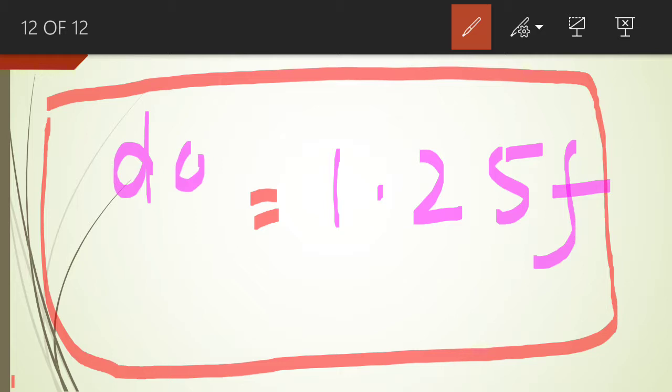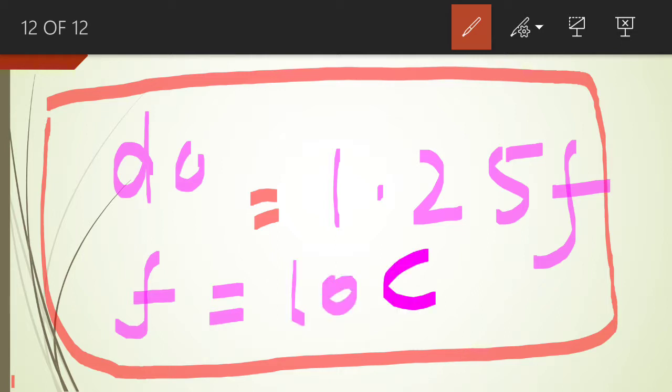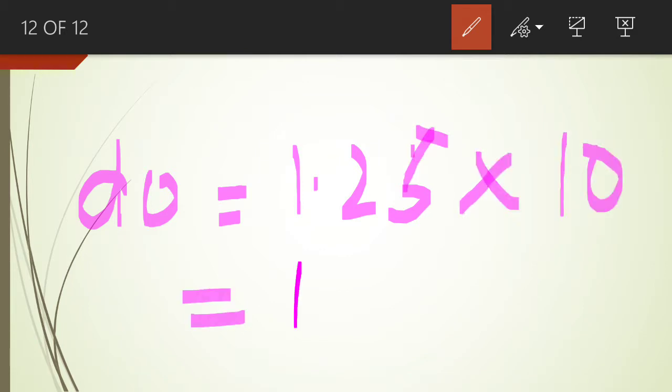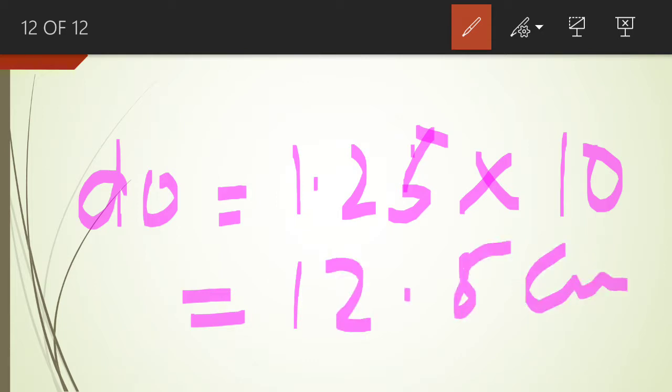So let us assume that f is equal to 10 centimeter. If f is 10 centimeter, then d naught will be equal to 1.25 multiplied by 10, and that is 12.5 centimeter. Okay. So d naught will be equal to 12.5 centimeter.